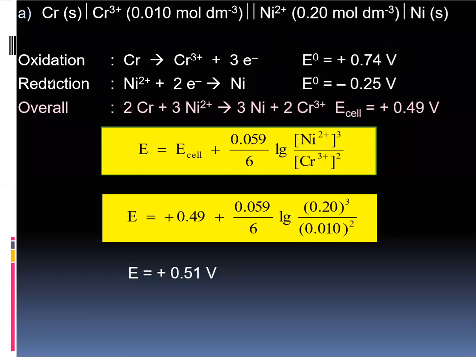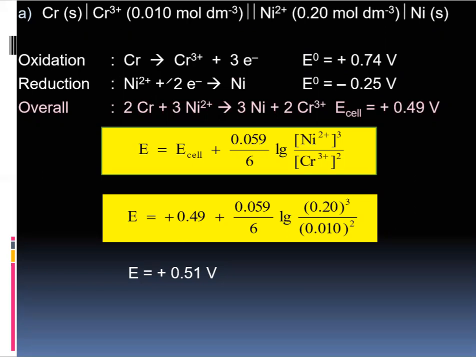Okay, so you'll be given the E naught for the oxidation reaction and for the reduction reaction. Obviously, we can see the one that is our oxidation and the one that is our reduction. You can see this is our Cr to give us Cr3 plus. Moving from 0 to 3 plus, that's definitely an oxidation reaction. Moving from 2 plus to 0, that's definitely a reduction reaction.